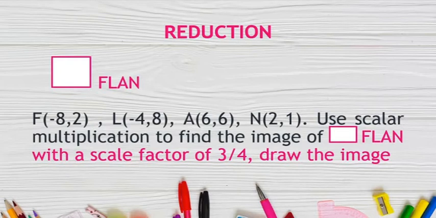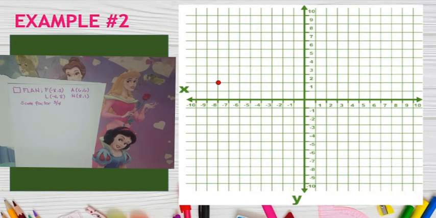But first, let's draw the image of our quadrilateral FLAN. So we have here the point F, which has the coordinates of negative 8 and 2. We have here point L with the coordinates of negative 4 and 8. Point A with the coordinates of 6 and 6.